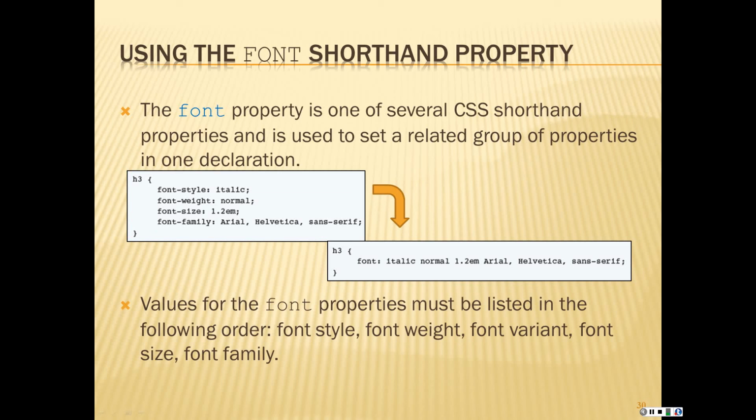But they must be listed in the correct order, which makes it, you know, a little tougher. If you do it up here, it's not so important that it be in the correct order. As you can see, font family alphabetically does not come after font size. It would have been the first thing. But in this case, it must be in the order of font style, font weight, font variant, font size, font family for it to work.